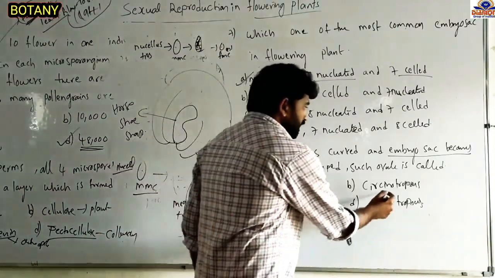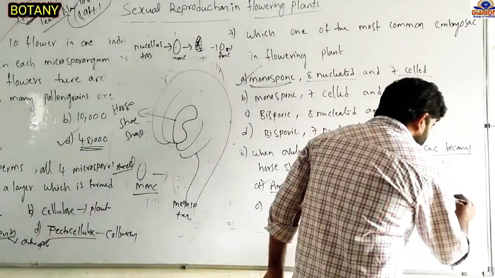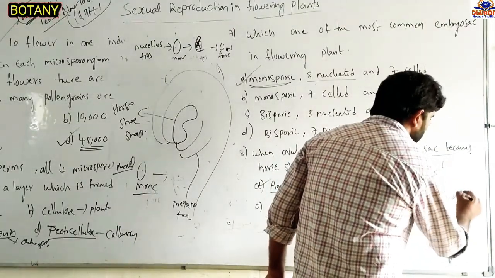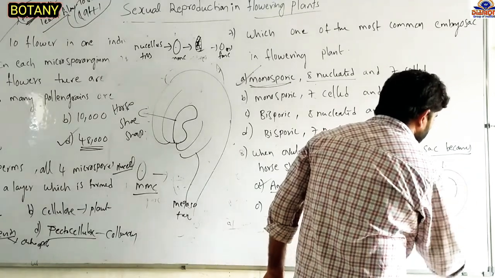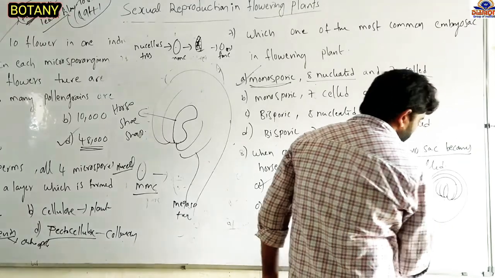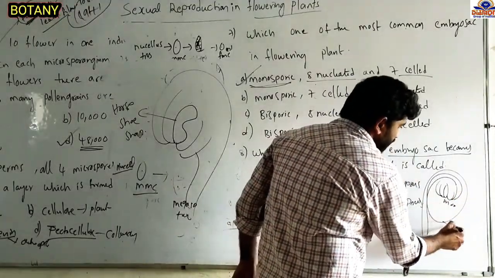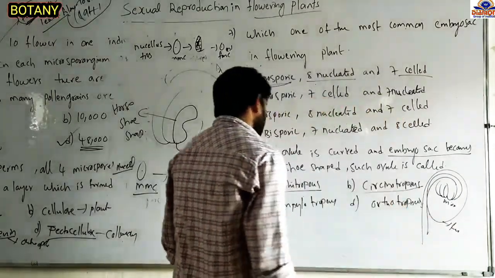And what about the cisnotropous ovule? Cisnotropous ovule means the funicle is completely curved, and the entire micropyle is covered with the funicle. It's called a cisnotropous ovule.